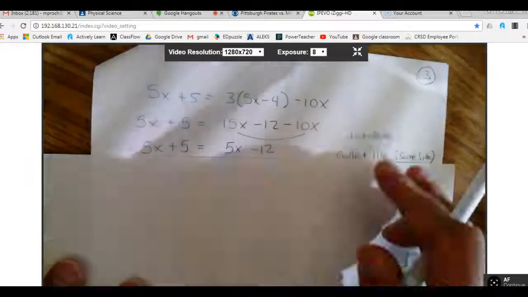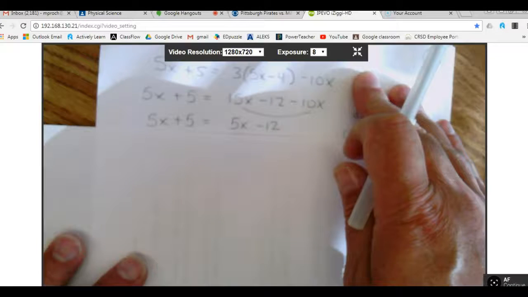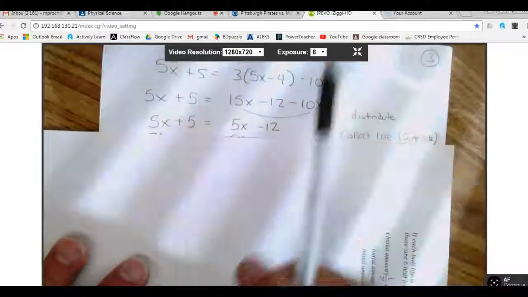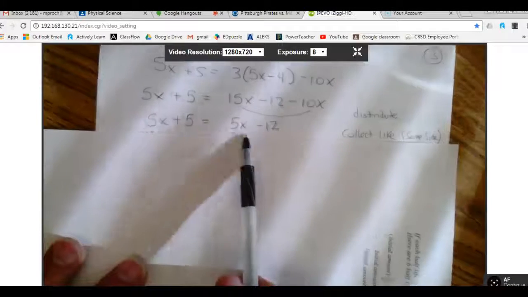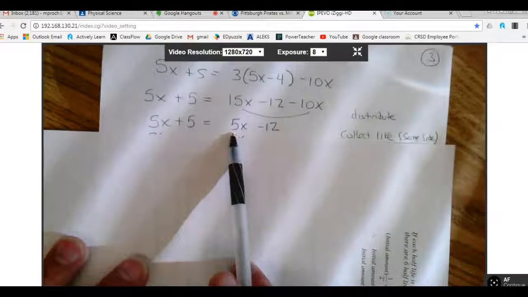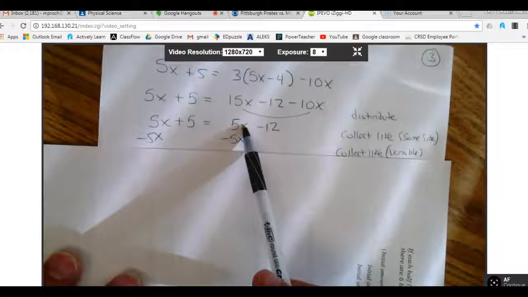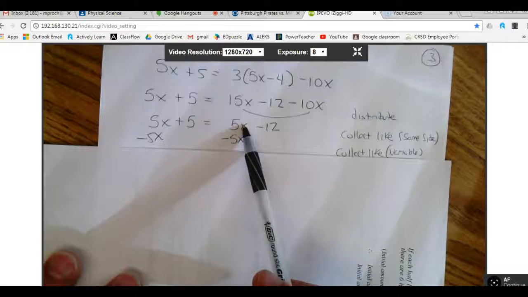So then what's our next step, do you think, to do? So won't we try to get the x's on the same side, right? So we're going to minus 5x, right? But look what happens. If we minus 5x from this side, what do we get? 5x minus 5x, what's that? 0.